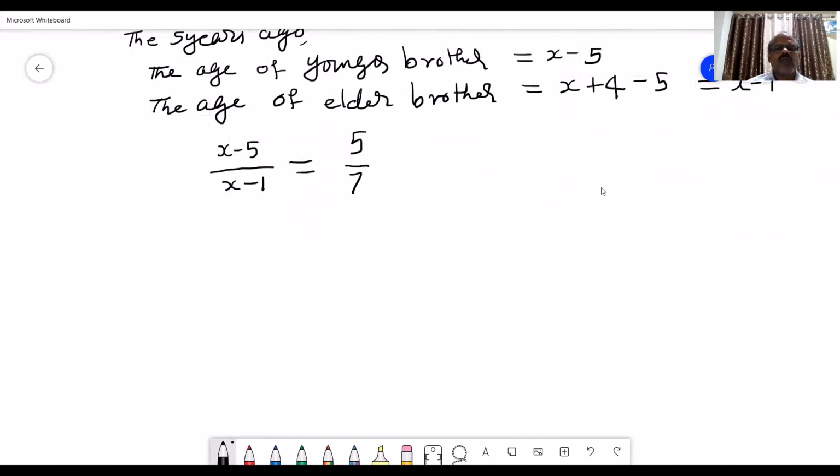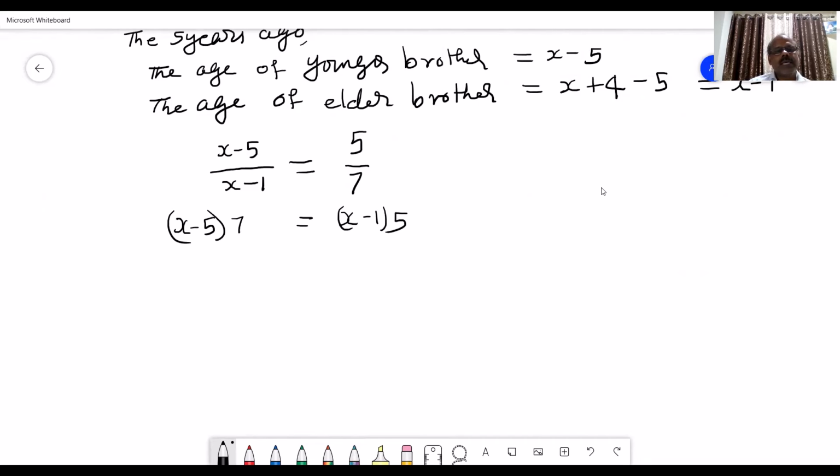Now cross multiply. X minus 5 into 7 will be equal to X minus 1 into 5.